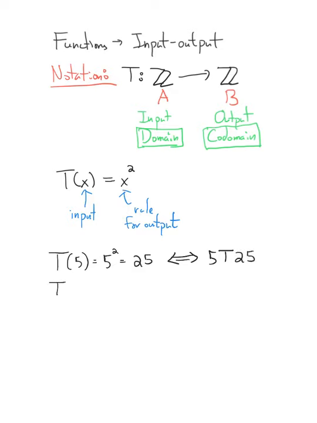Or something like T of -3 is -3 squared, which is, of course, positive 9. This is the same thing as saying that -3 is related through T to positive 9.